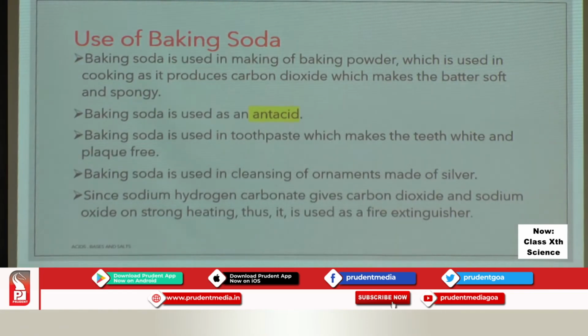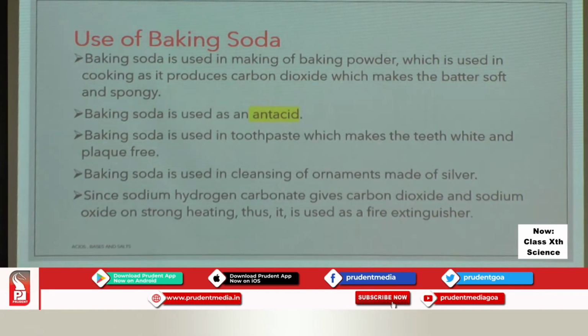Now let us next look at the uses of baking soda. We already know baking soda is used in making baking powder. Students, there is a difference between baking soda and baking powder, which we will study soon. Baking powder is used in cooking as it produces carbon dioxide, which makes the batter soft and spongy.